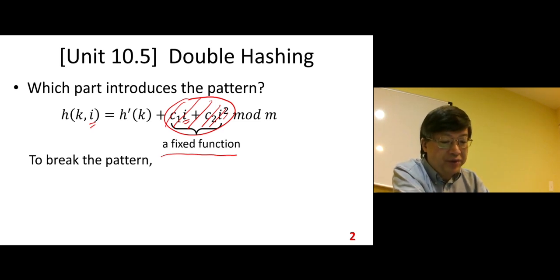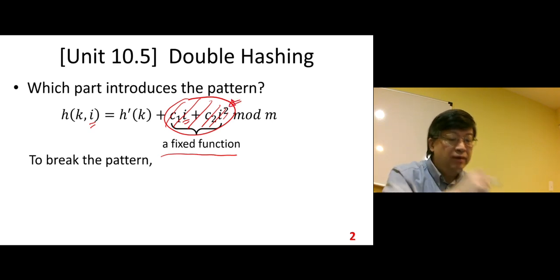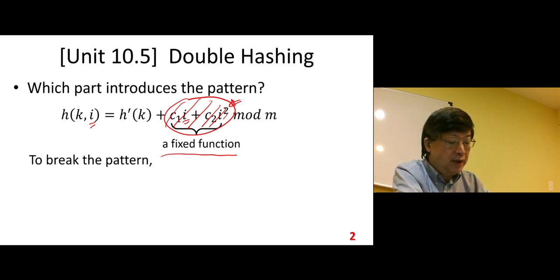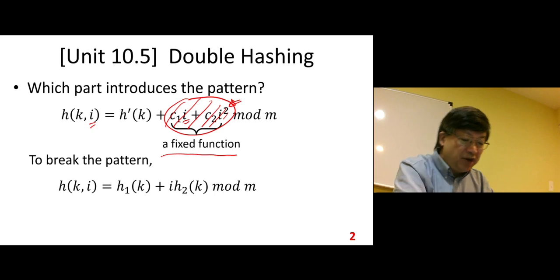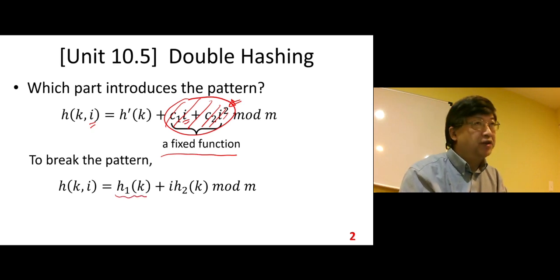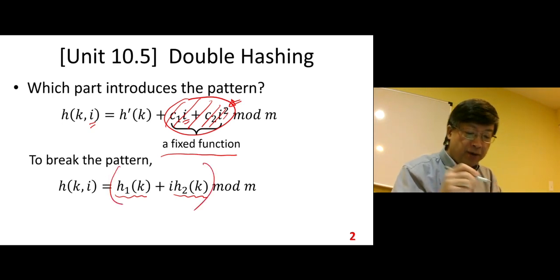So we will use a second hash function to replace this fixed function part to break some pattern, right? So the new hash function is designed this way: H1, the first hash function, H2, the second hash function, then mod n.